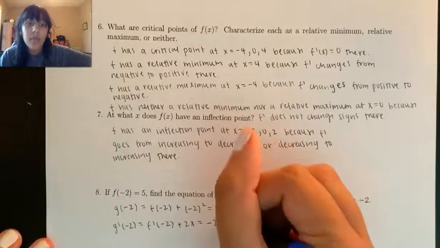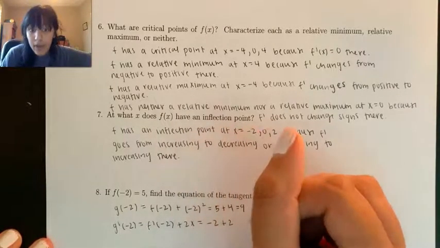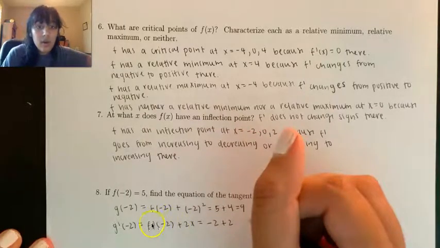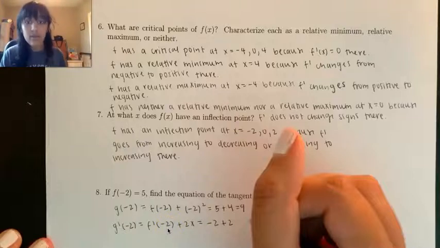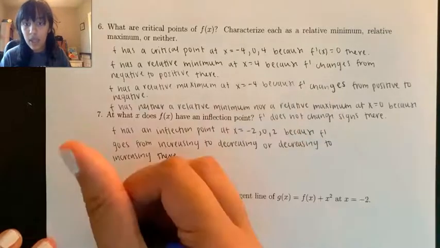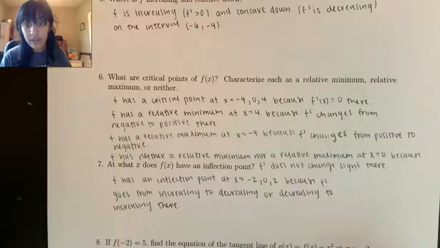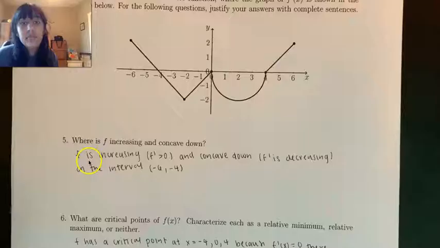So g prime of -2 is going to equal f prime of -2 plus 2x. For f prime of -2, we weren't given anything, but we have a graph. So when we go up and look at the graph, let's see if I can find it. Give me a second. All right.